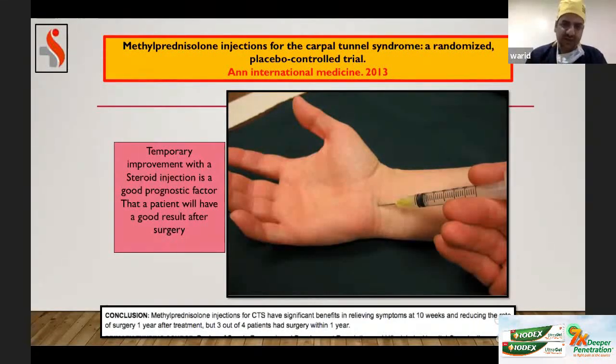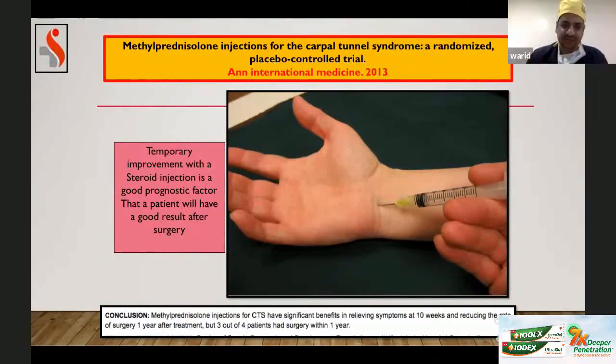But in most of the studies, they show that there's a recurrence maybe after 6 months, 1 year, 2 years. Also, if they have pain relief after a local steroid injection in the carpal tunnel, that gives an indication that the patient will also have a very good result after surgery.